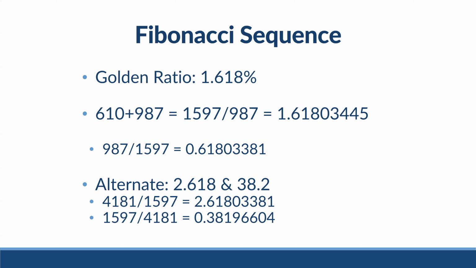And you divide that by that 987, you get the 1.618. And if you do the inverse of it, 987 divided by the 1597, you get the 61.8. So I just wanted to lay this math out there for you all so that you can see it and play around with it. If you're a little bit nerdy about math, it's a fun experiment to go through.